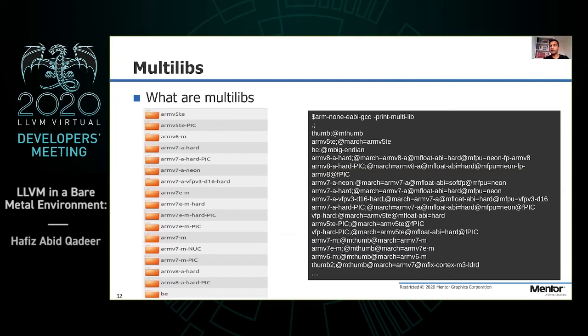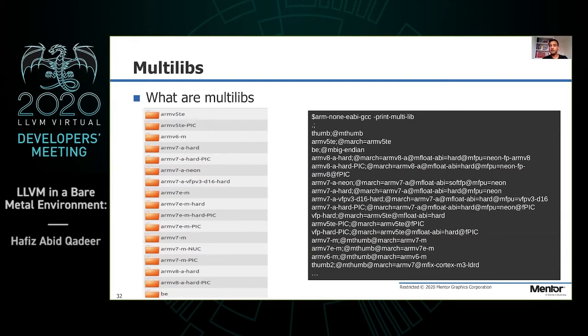Your compiler can probably generate code for all of these different configurations, but only the compiler is not enough. You need to have runtime libraries that have been built for that specific configuration, and then you have a complete toolchain. So that's where Multilib comes in.